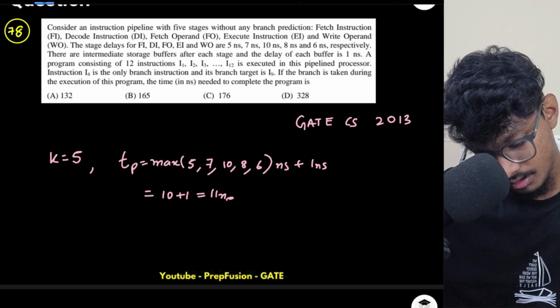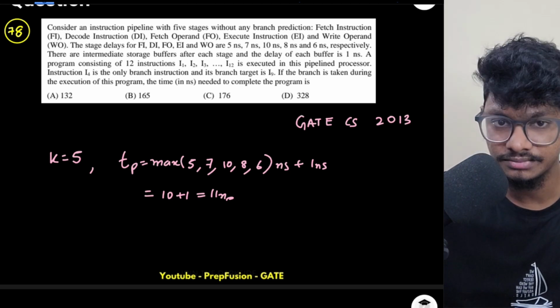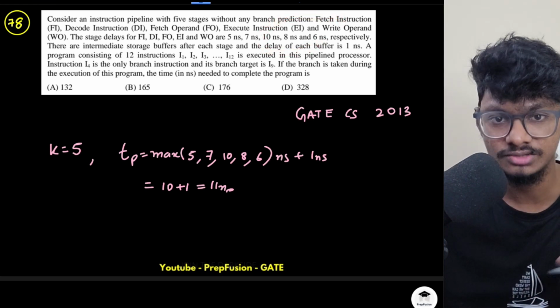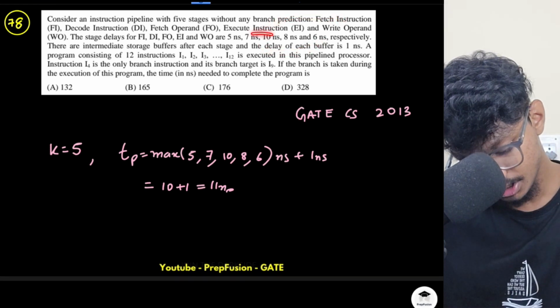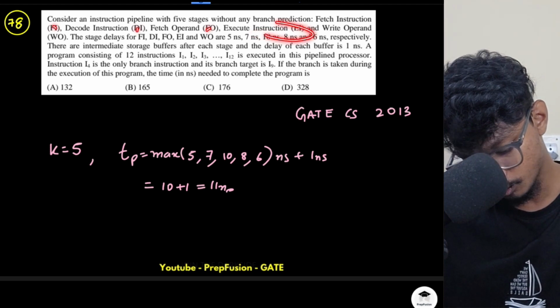Okay, and I4 is the only branch instruction, and my assumption is, what is the stage or phase where I am evaluating the condition, the execution, right? So what is this phase? This is the 1, 2, 3, 4th.